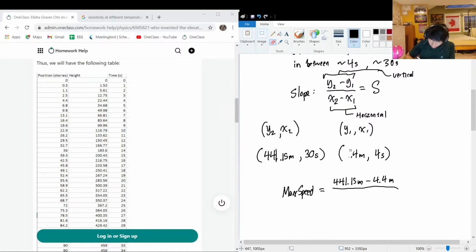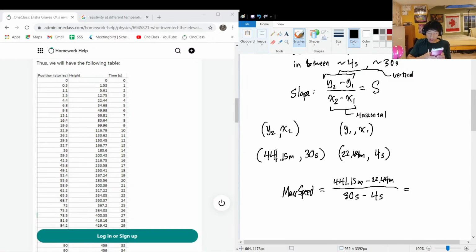So be careful with conversions like that. Okay, that's why it felt a little bit fishy. So 4 stories is 22.44 meters, and that's 30 seconds minus 4 seconds.